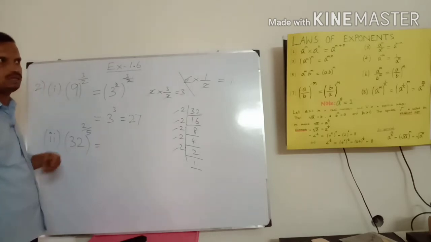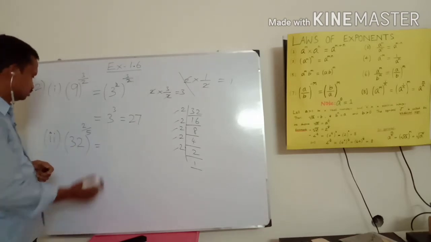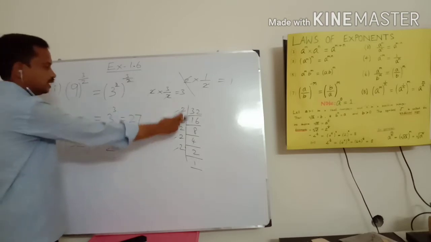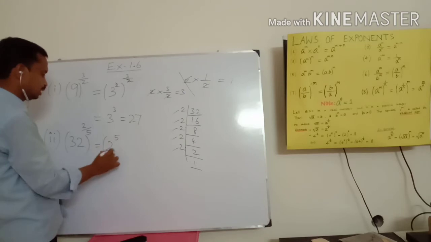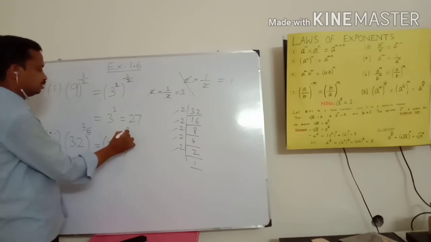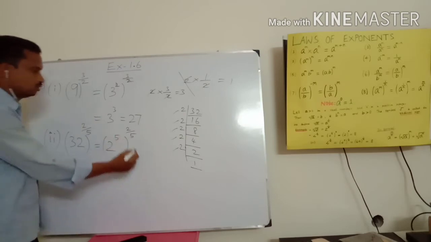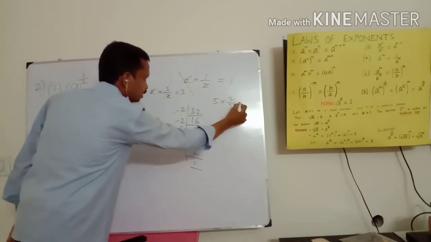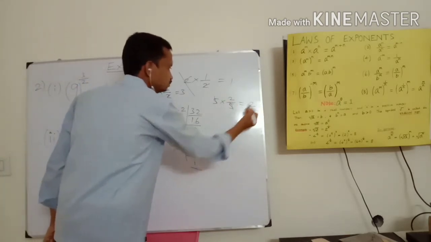Then only it is very easy to cancel the denominator. So we write 32 as 2 power 5, and then to the power 2 by 5. Now 5 into 2 by 5, what happens? 5 cancels and you get only 2.